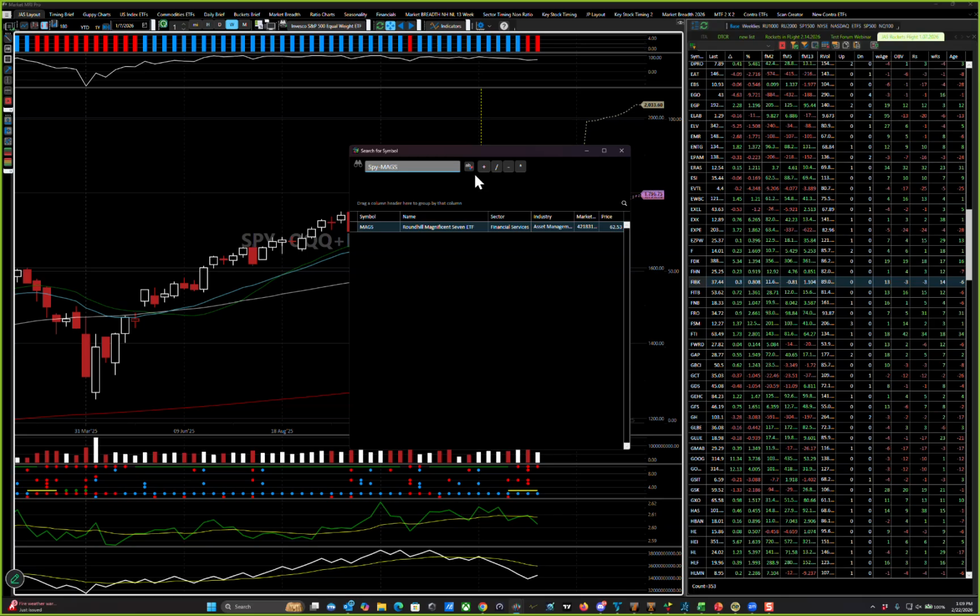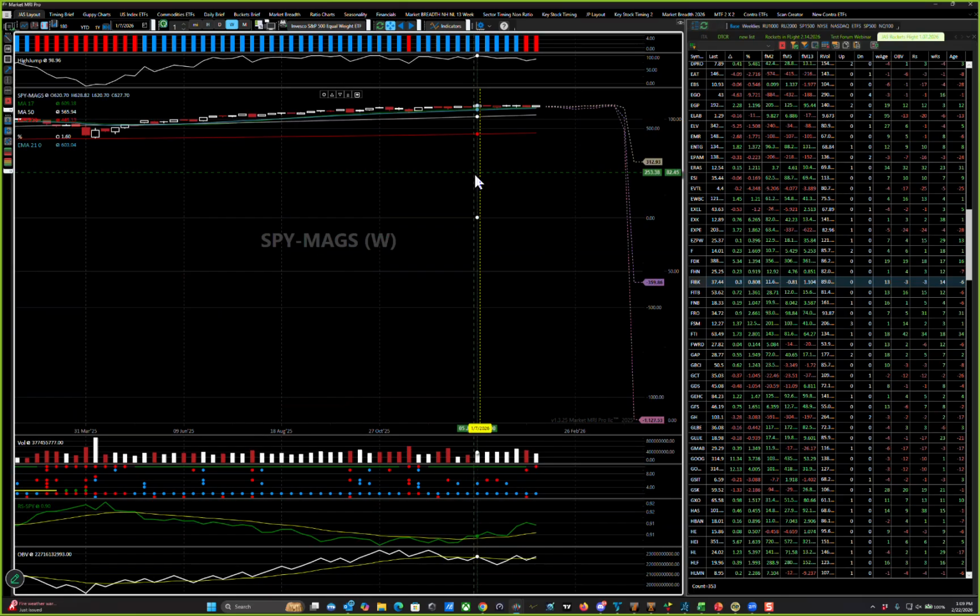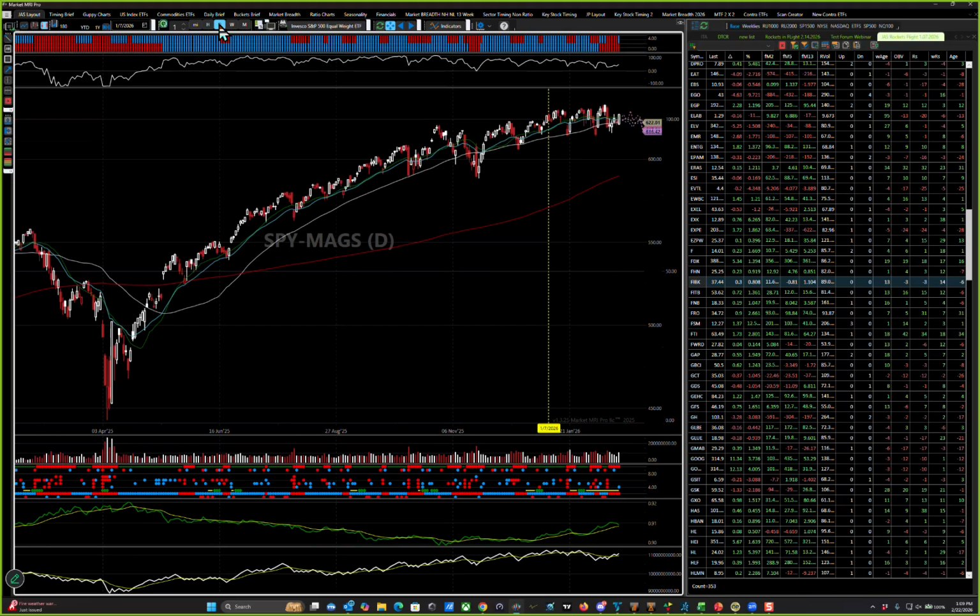You may have to put your pointer into that box here. Yeah, let's look at the dailies. I don't think it's taking the individual Mags.